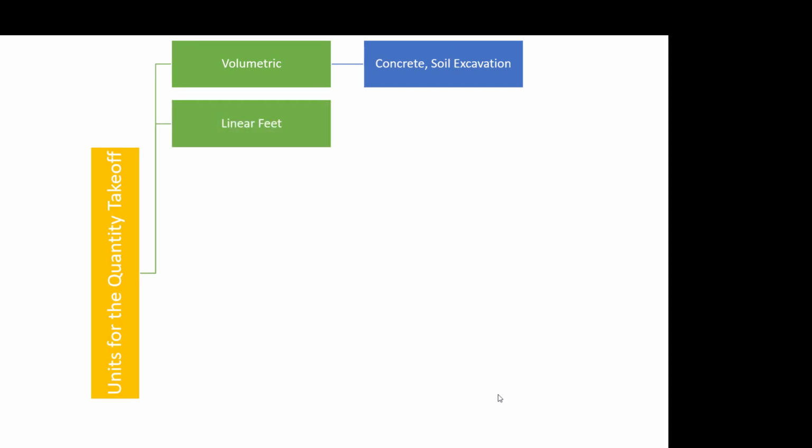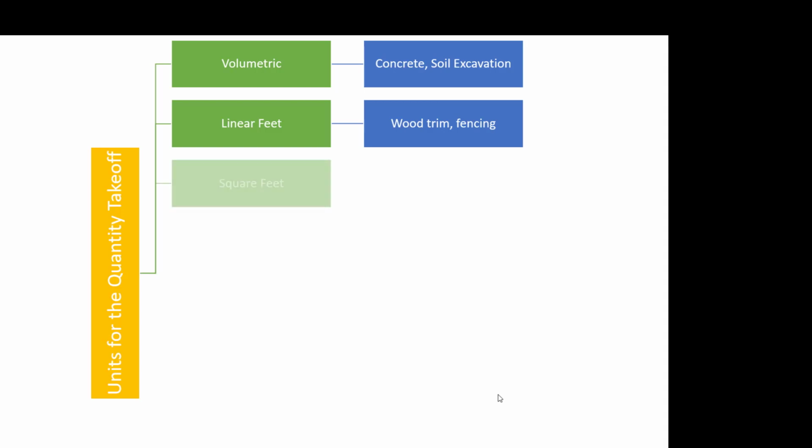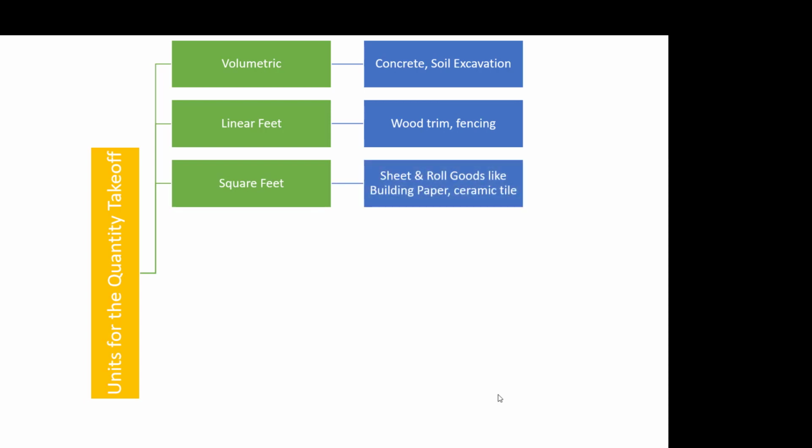And we also do quantity takeoff in linear feet, for example, the wood trim required for the building, or the length of the fencing. And we also have square feet, like finishing jobs, as well as building paper and ceramic tiles. We talk about how many rolls of material are required, or what is the quantity in square feet.